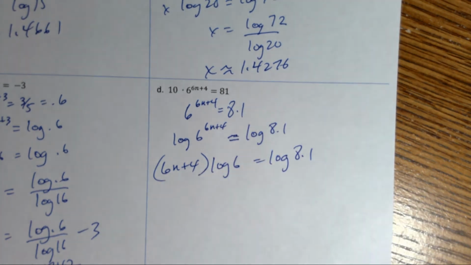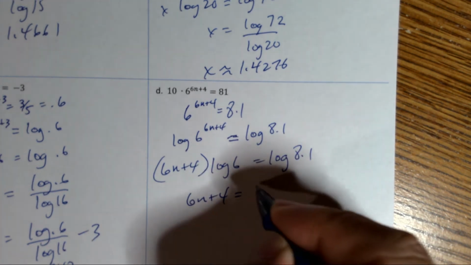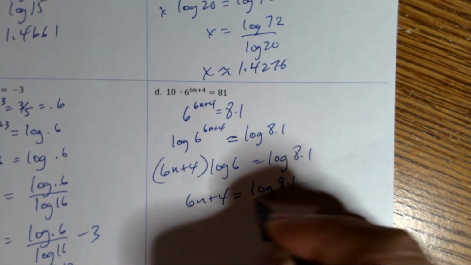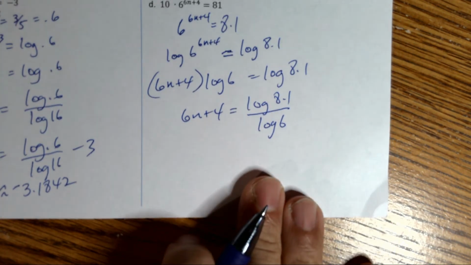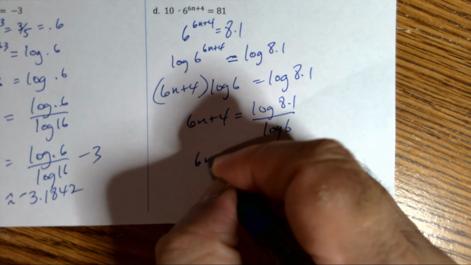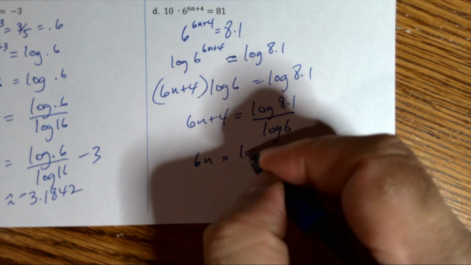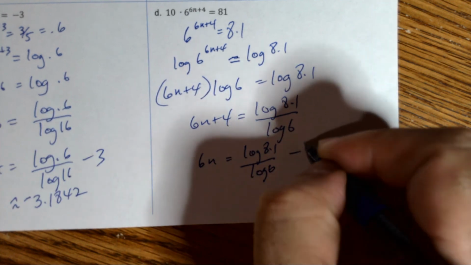So you're going to divide by log of 6, so 6n plus 4 equals log of 8.1 over log of 6. Continuing. Now we're going to just subtract 4 from both sides. So 6n equals log of 8.1 over log of 6 minus 4.